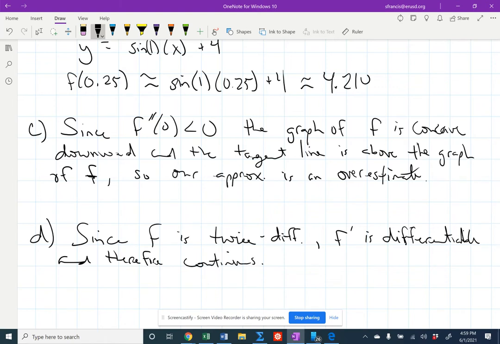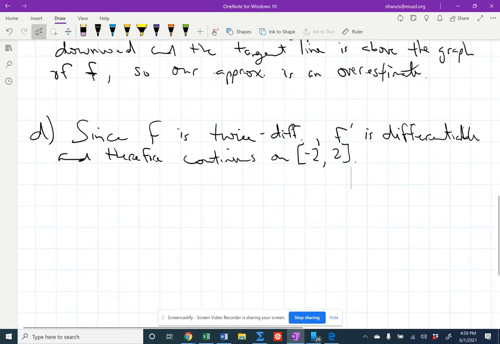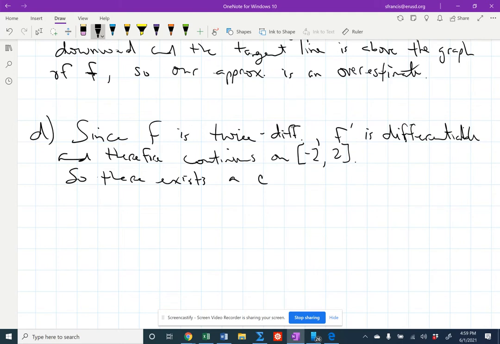So we have continuity and differentiability on the closed interval negative 2, 2. Okay? So there exists a c on the open interval negative 2, 2, such that f prime of c is equal to, I'm sorry, what was that?